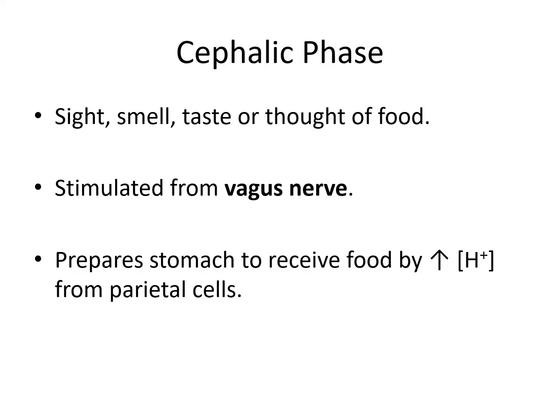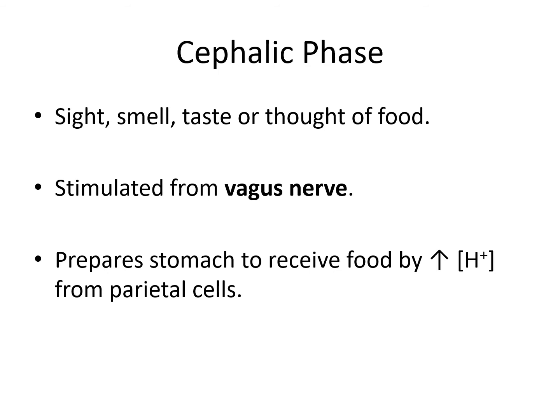Okay, let's look at the cephalic phase. In the cephalic phase, simply the sight, smell, or taste, or even thought of food will begin the cephalic phase, and it's stimulated by the vagus nerve. It prepares the stomach to receive food by increasing hydrogen ion secretion from parietal cells.